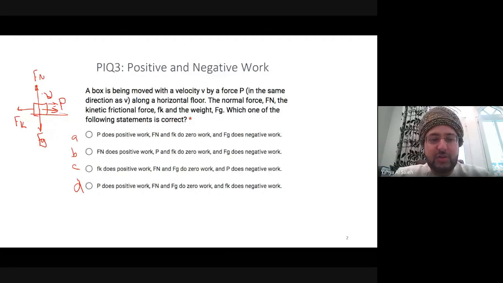P does positive work, Fn and Fk do zero work, Fg does negative work. That's option B. And two more options you have. I'll leave it to you. Let's see.